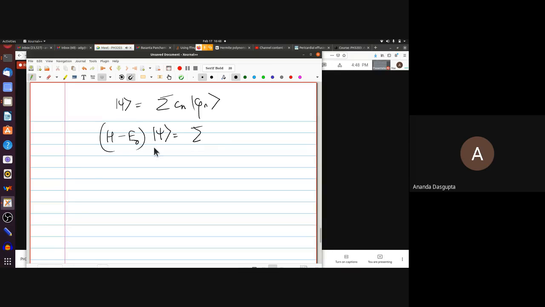H minus E0 is a linear operator, right? So it's going to just skip across the sum, skip across the Cn and directly hit the phi n. And you're going to get what? En minus E0 times Cn, right?